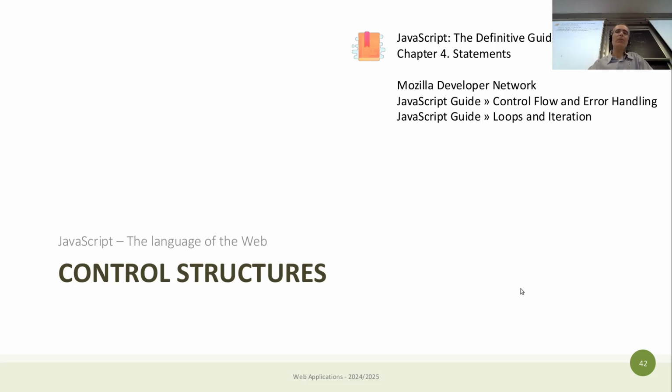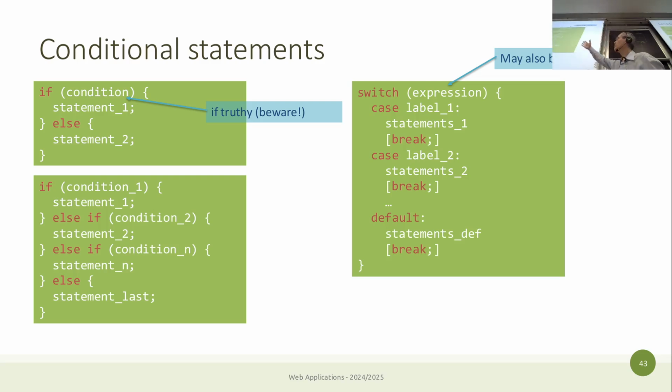And let's say a few words about control structures. That means how can we write code that behaves differently depending on conditional expressions. So control statements are the usual ones. They look like C. So if, else if, and so on. Switch case.